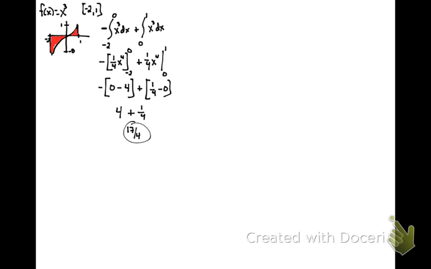Now, we could think about this in terms of the absolute value. If I wanted to just integrate the whole thing from -2 to 1 of the absolute value of f of x dx, graphically what that would mean is that I'm considering the function in this method.